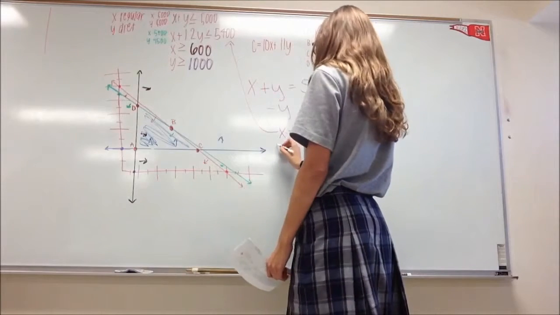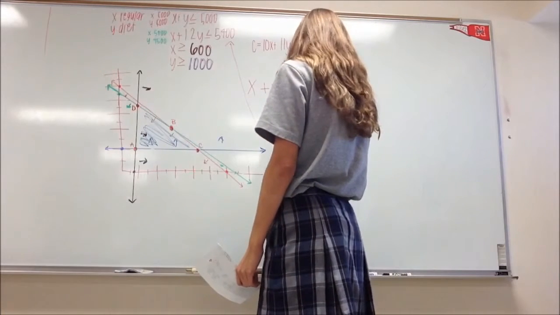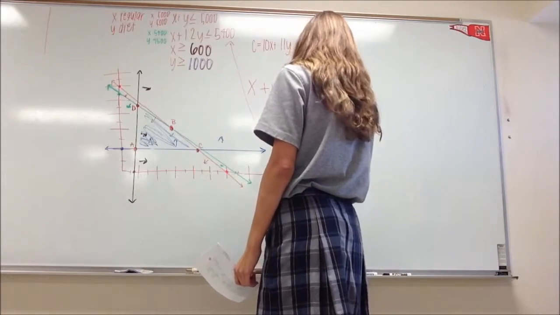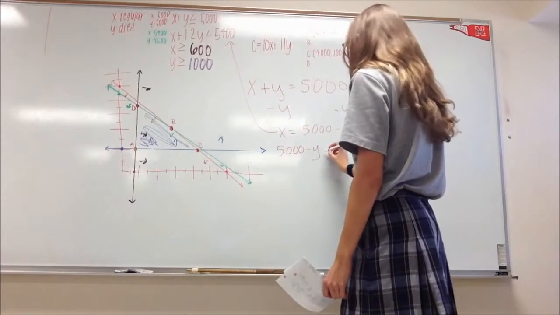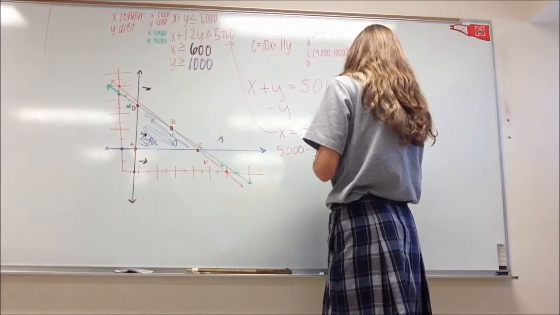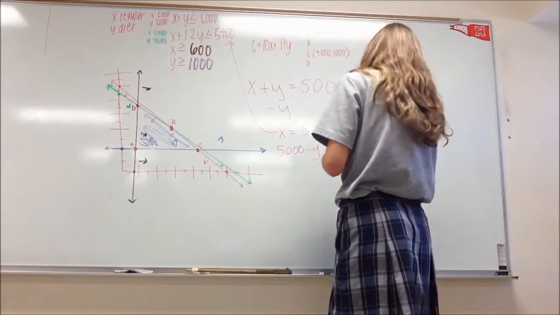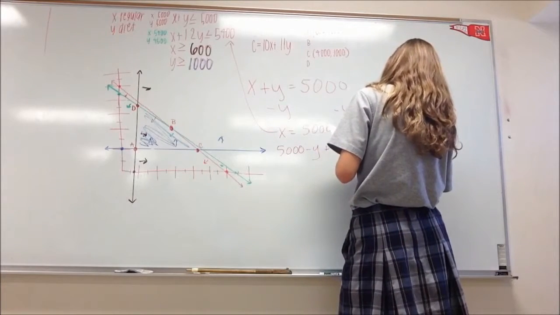And then we plug this into that equation. So it gives you 5,000 minus y, plus 1.2y equals 5,400.